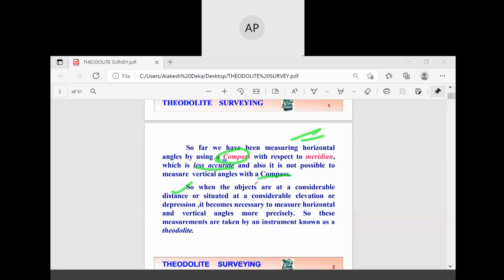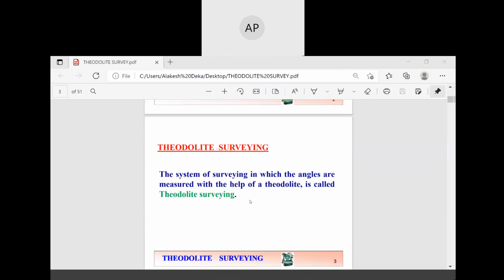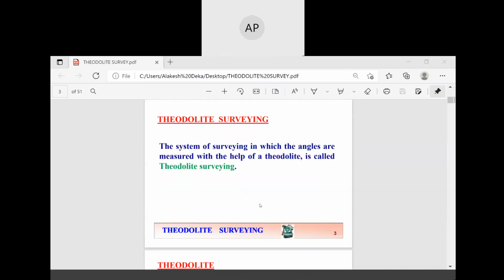So when objects are at a considerable distance or situated at considerable elevation or depression, it is necessary to measure horizontal and vertical angles more precisely. These measurements are taken by an instrument known as the theodolite. The system of surveying in which the angles are measured with the help of a theodolite is called theodolite surveying.